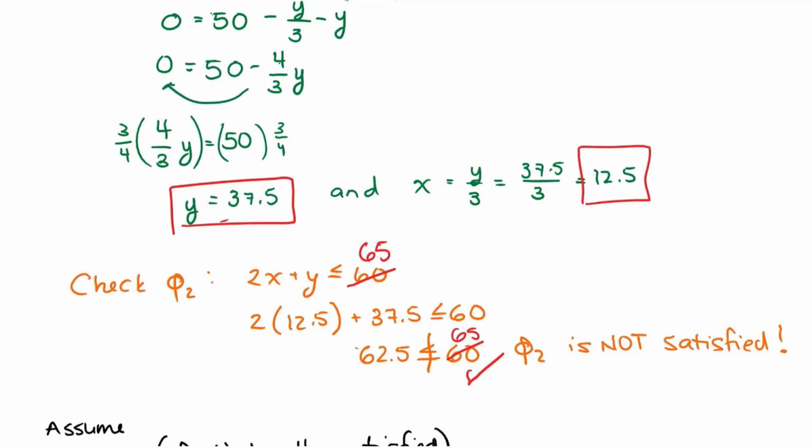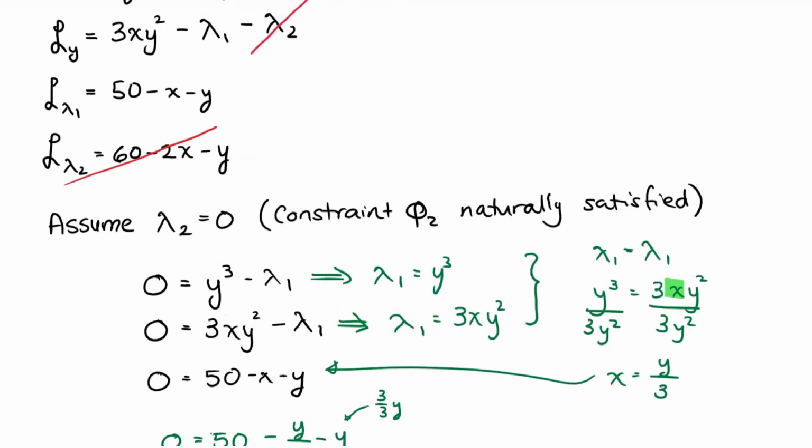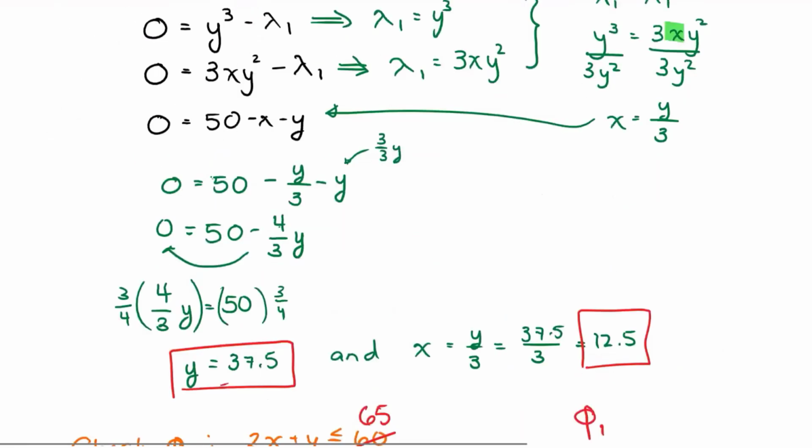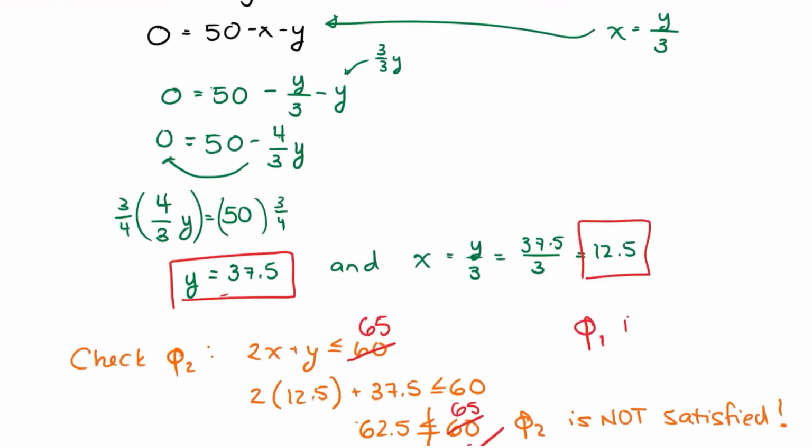And then we would also say that constraint 1, because we had done this using constraint 1 and assuming constraint 2 is naturally satisfied, is binding. If you can optimize with one constraint and the other one is naturally satisfied, you're in a good position and you leave it at that point.